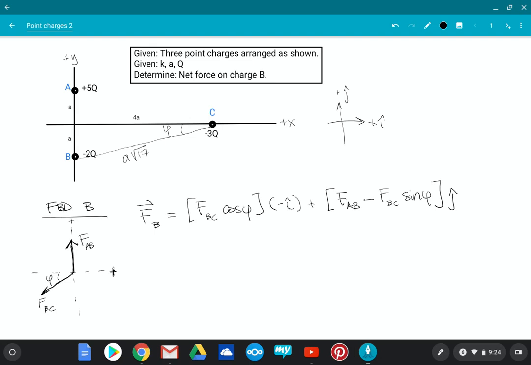Oh, and something that we didn't do up here when we were looking at our geometry was figure out sine and cosine of phi. That's handy to do right at the beginning, but we can pause and do that now. If I look at my original geometry, sine of phi is 1 over root 17. And then, of course, I'm going to need my cosine phi as well.